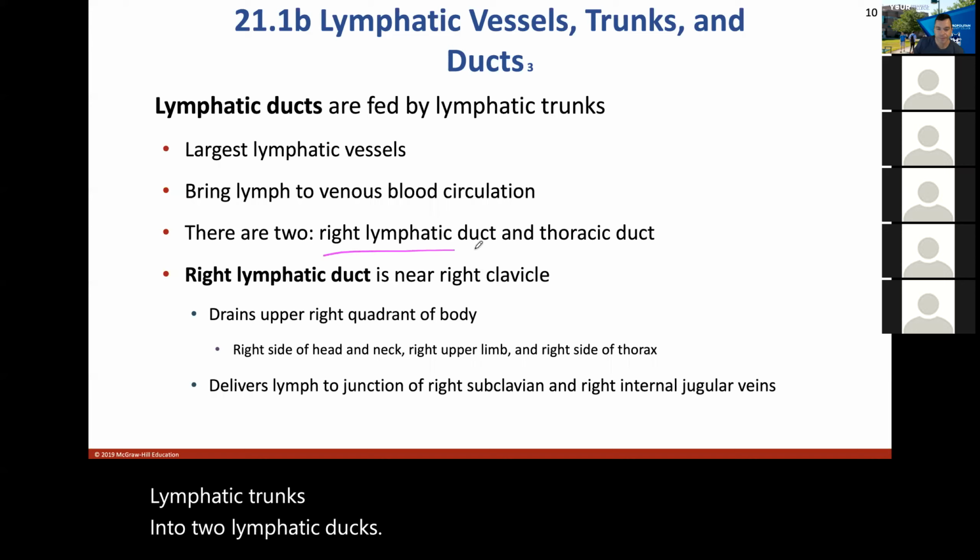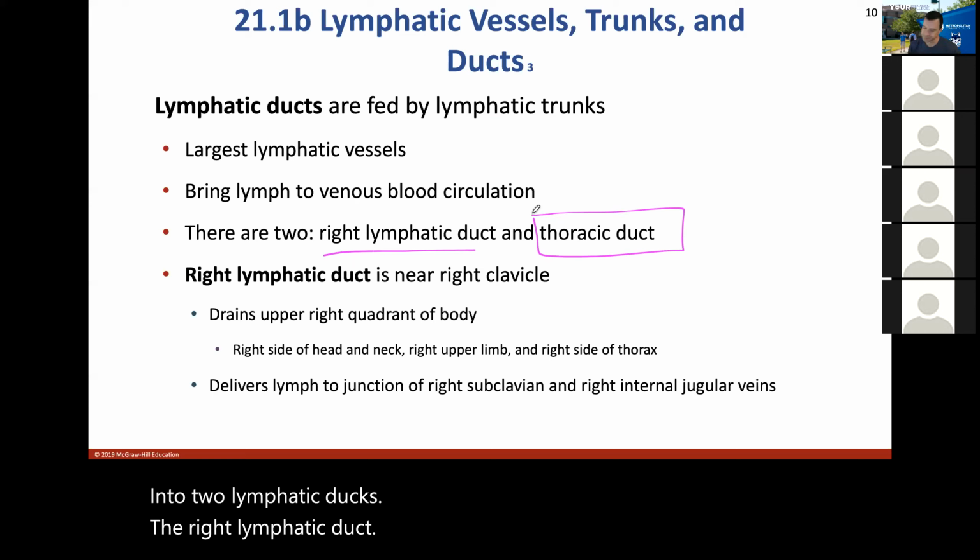The right lymphatic duct and the thoracic duct. These two large structures deliver the fluid back into the general circulation via the subclavian vein.